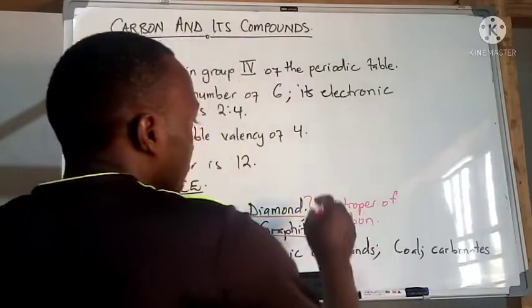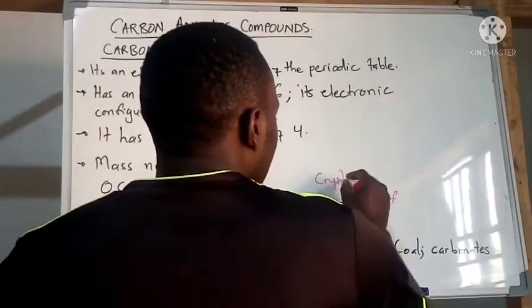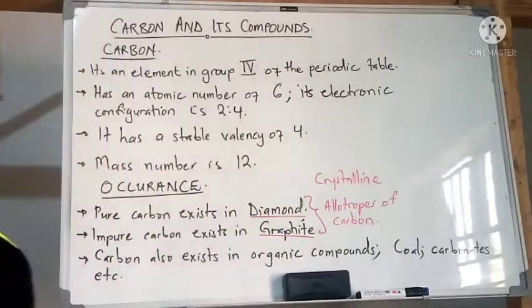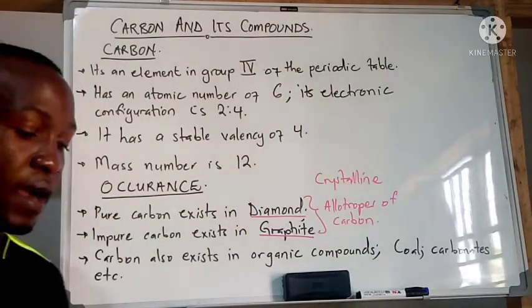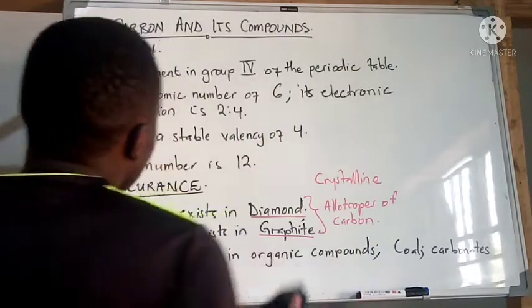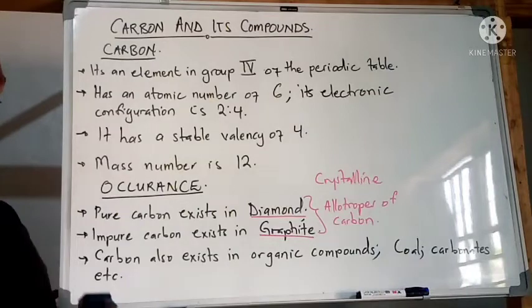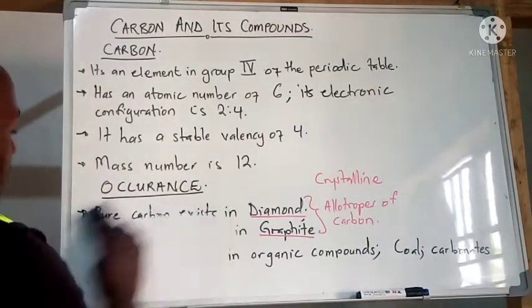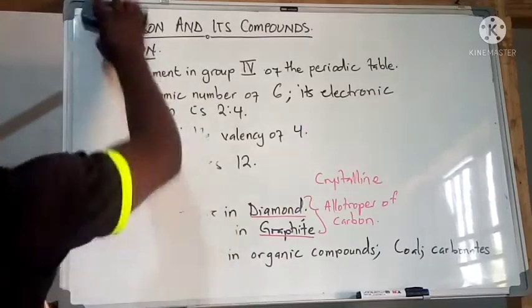These allotropes are going to be crystalline, as part of the compounds where carbon can be obtained from. As we proceed on the introduction of carbon, this takes us to allotropes of carbon.